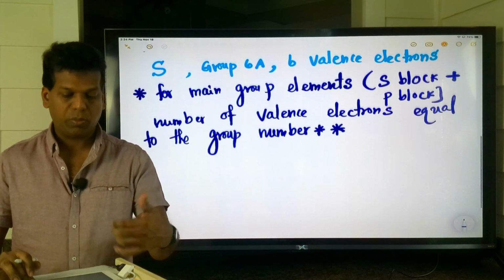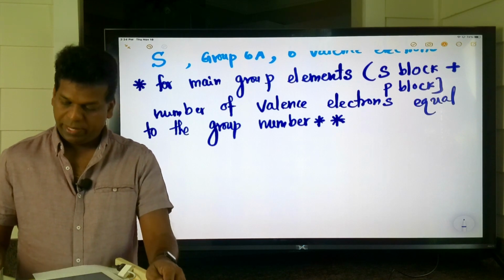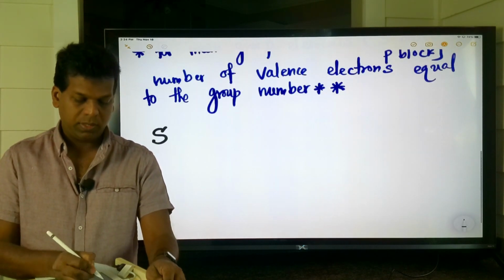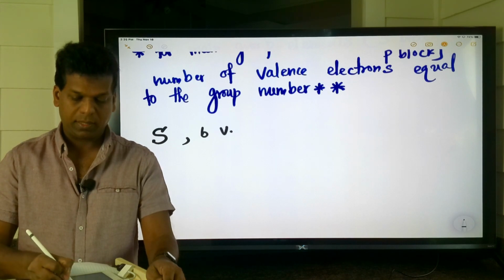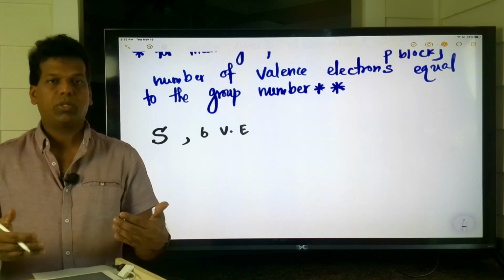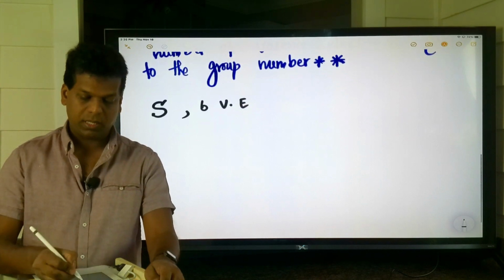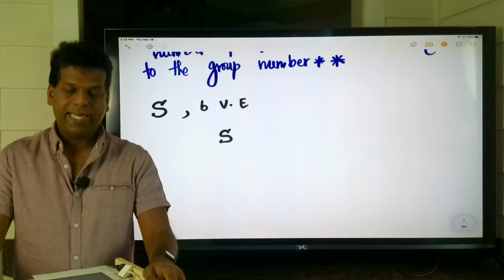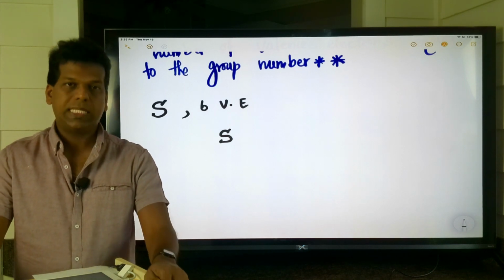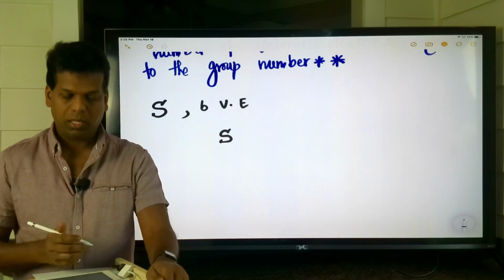Now let's go back to sulfur. Sulfur has 6 valence electrons. It is in group 6. If I write the Lewis dot structure for sulfur, it is really simple. This is the symbol, and then you distribute these valence electrons around sulfur.